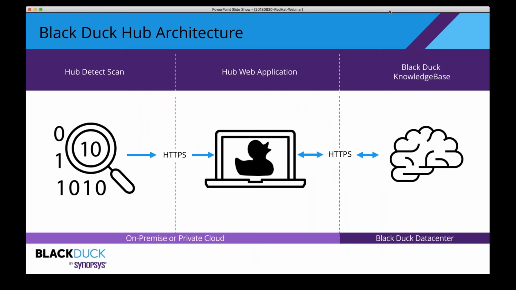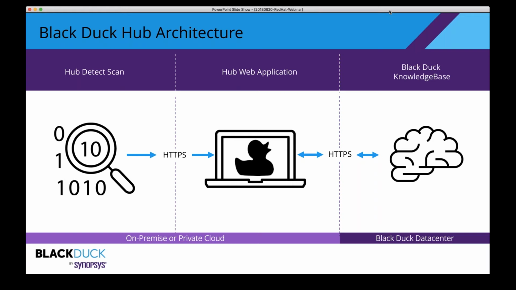Now, this knowledge base is part of an architecture within Black Duck that's sort of a hybrid architecture. So you see the knowledge base there on the right-hand side that is hosted typically by Black Duck. One of the benefits of Black Duck hosting it is that we are updating that knowledge base on an hourly basis. So I mentioned 15 vulnerabilities come out per day.